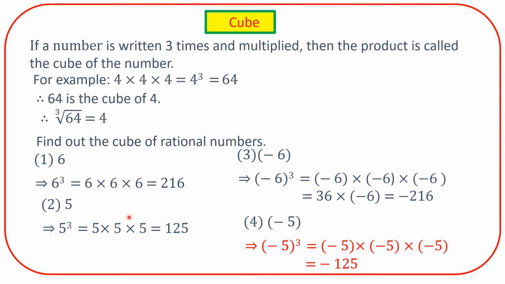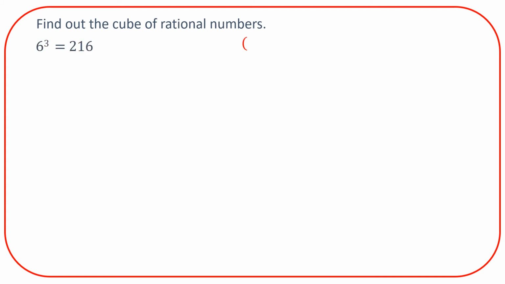Therefore, cubes of positive numbers are always positive and cubes of negative numbers are always negative. I write down the question again. Find out the cube of rational numbers. 6 cube we have already found, 216. Minus 6 cube is equal to minus 216.